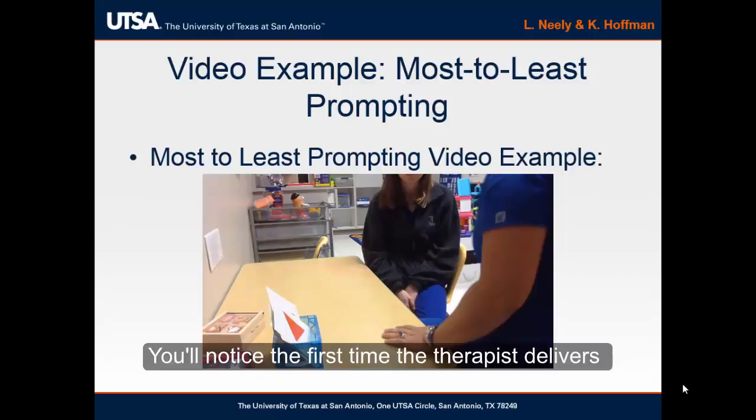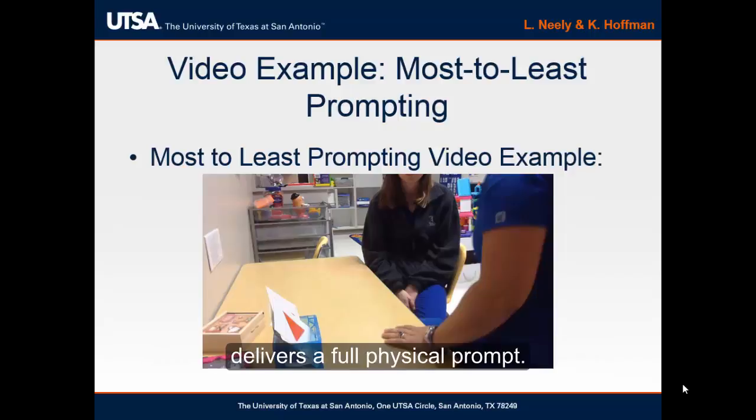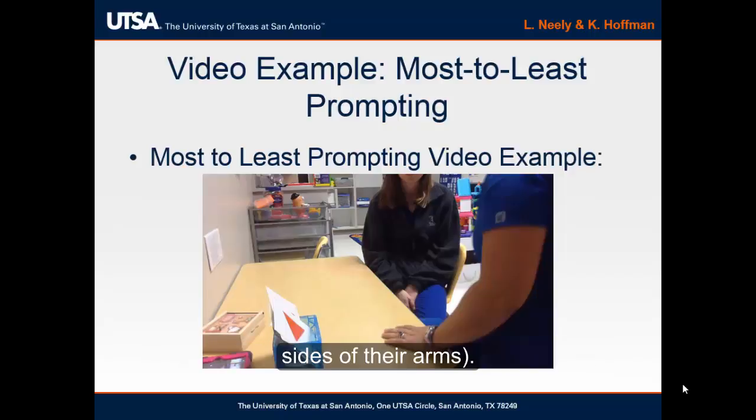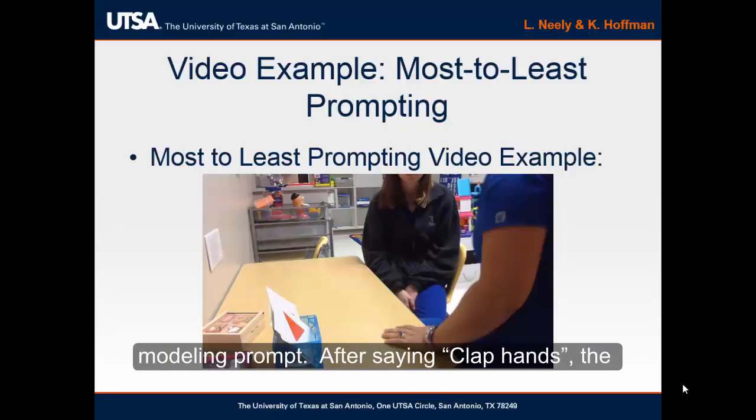You'll notice the first time the therapist delivers the instruction, "clap hands," she immediately delivers a full physical prompt. On the second trial, the therapist again says "clap hands" and delivers a partial physical prompt, only helping the learner by guiding the sides of their arms. On the third trial, the therapist will use a modeling prompt.